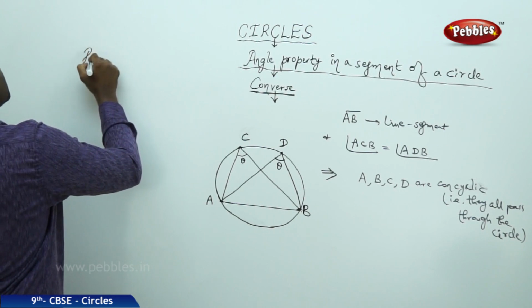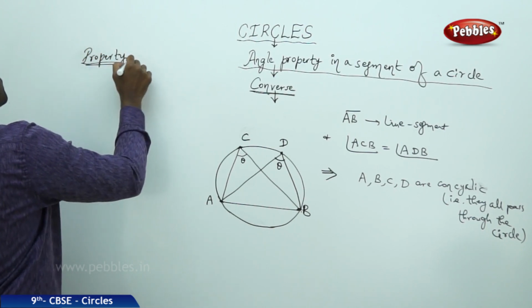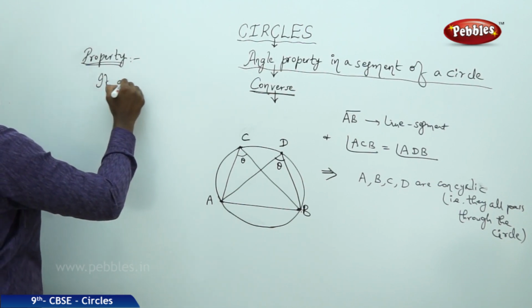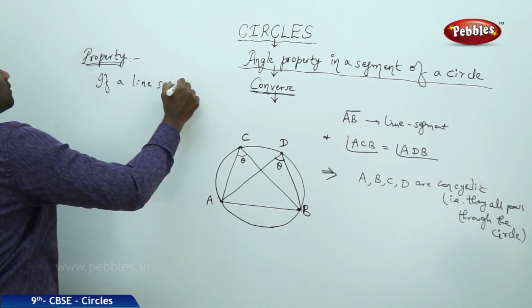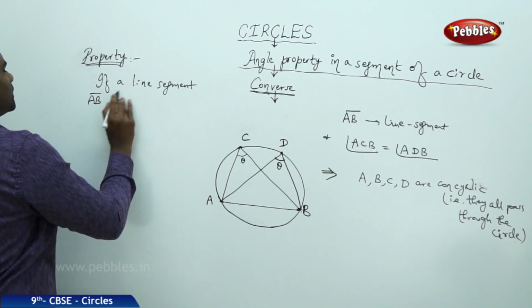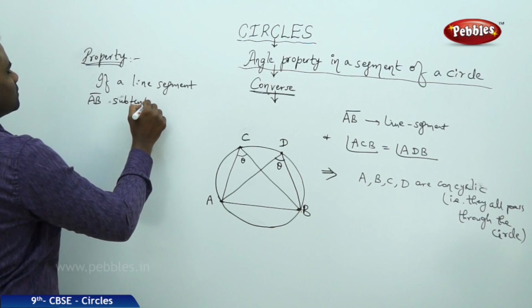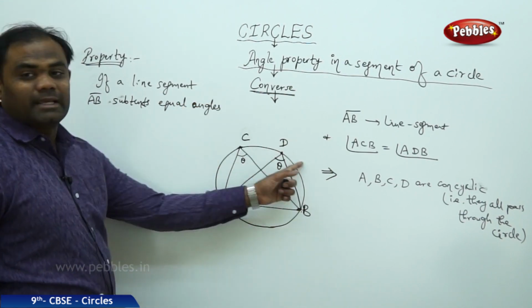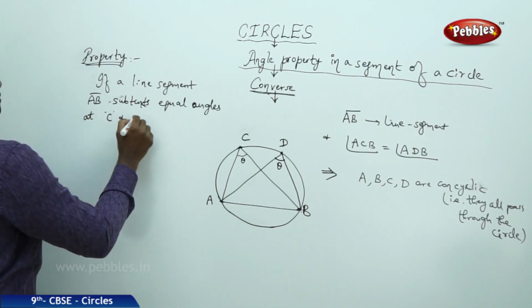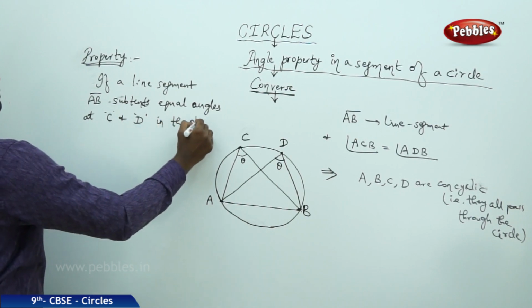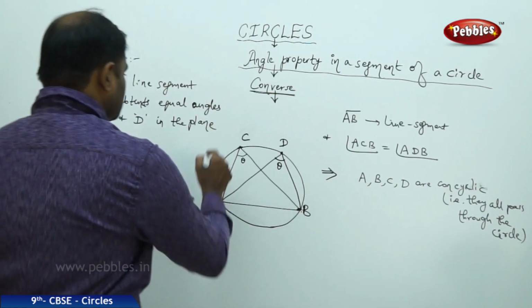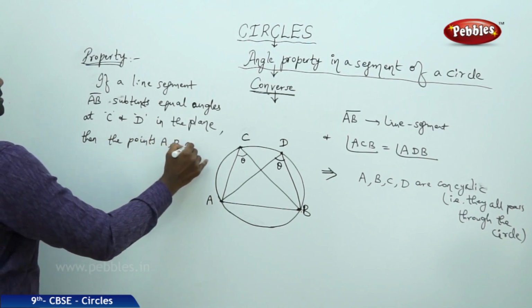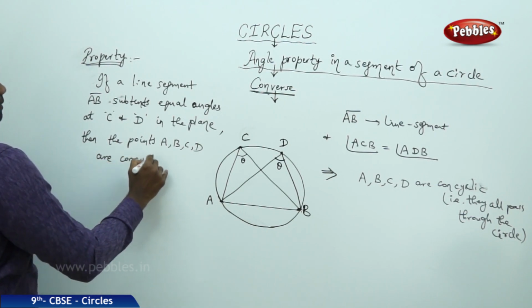So here my converse property says that if a line segment AB subtends equal angles at C and D in the plane, then the points A, B, C, D are concyclic.